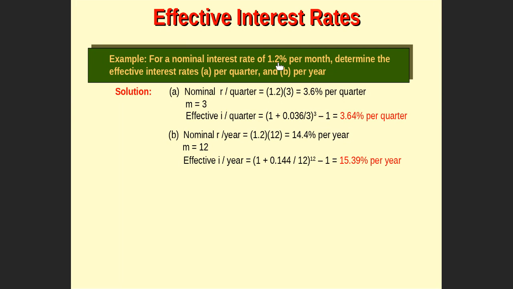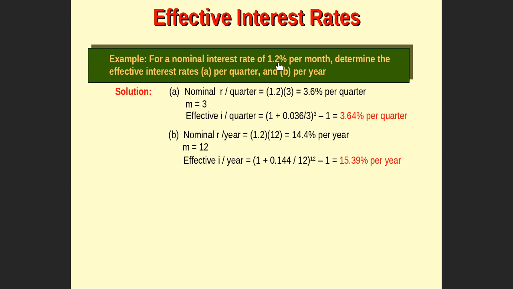The compounding frequency between the quarter and month is 3, because the quarter contains 3 months. So you multiply the 1.2 times 3 to get the nominal per quarter. This is the first step.